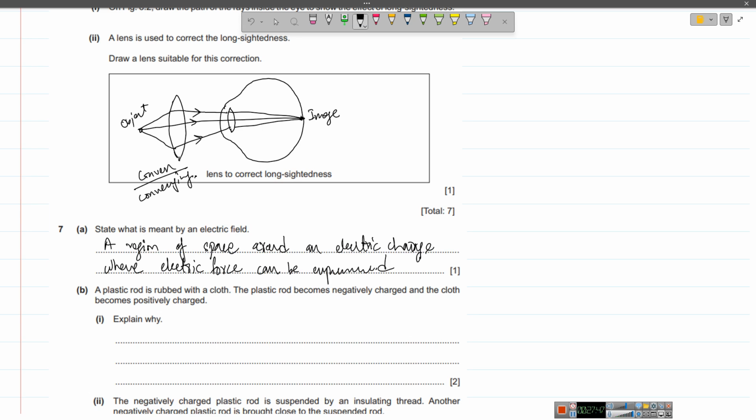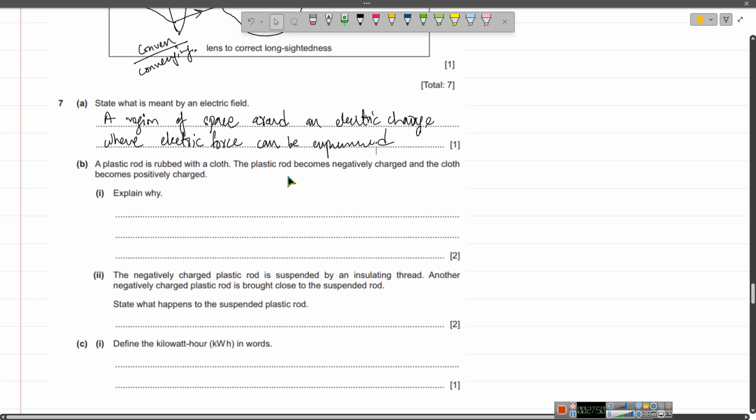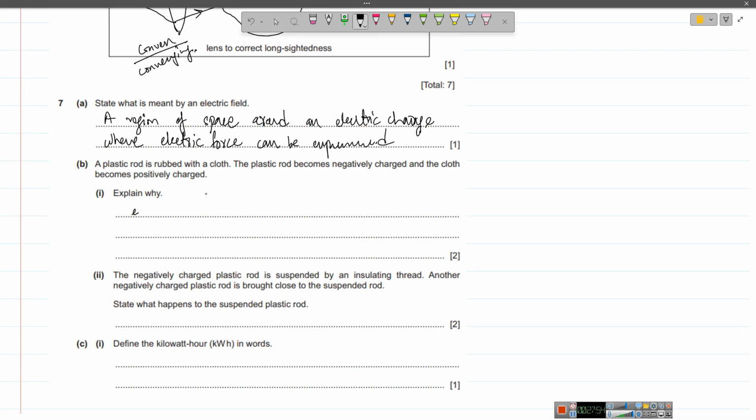A plastic rod is rubbed with a cloth. The plastic rod becomes negatively charged and the cloth becomes positively charged. Explain why.